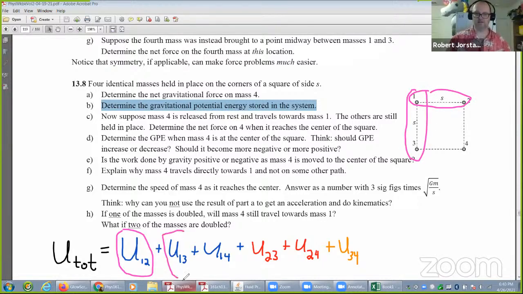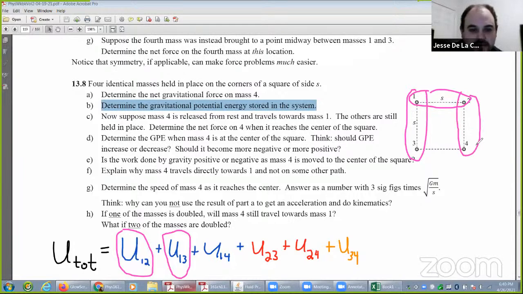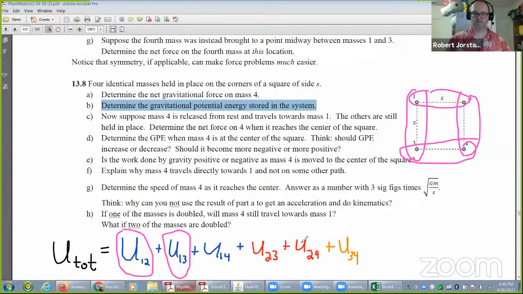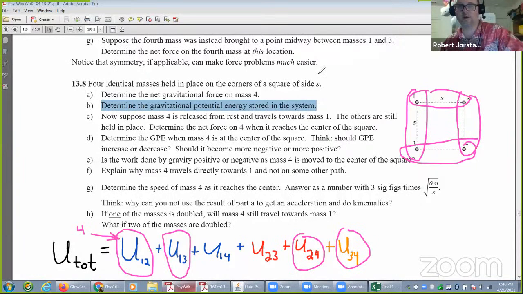Any others? 2, 4, and 3, 4. So even though it looks ugly, you could basically figure out one of these and multiply by 4 to save yourself some effort. And then what do you know about 1, 4, and 2, 3? I think those should be the same as well, right?